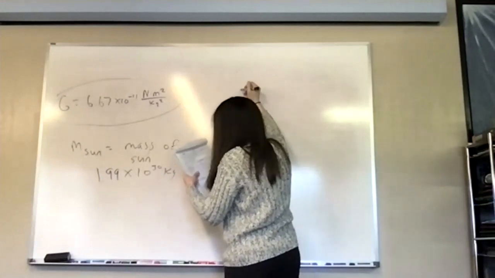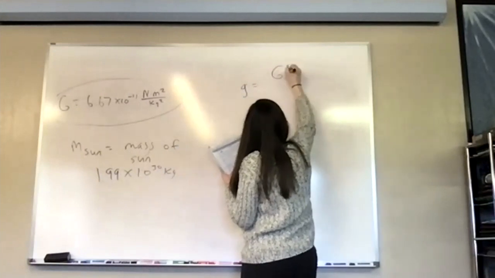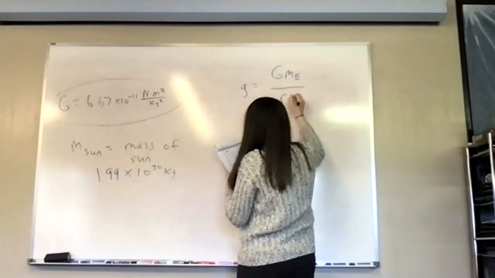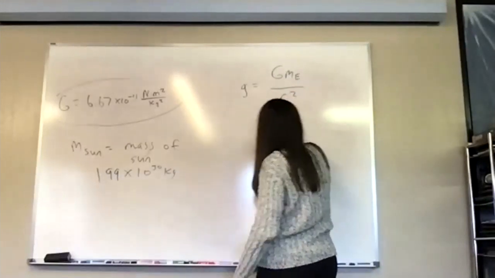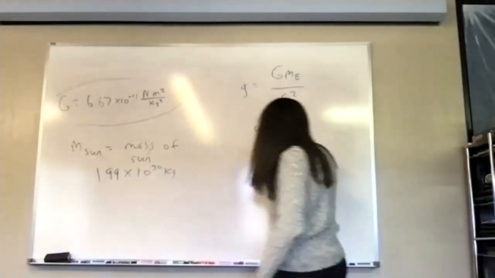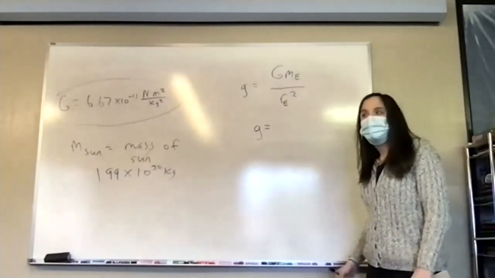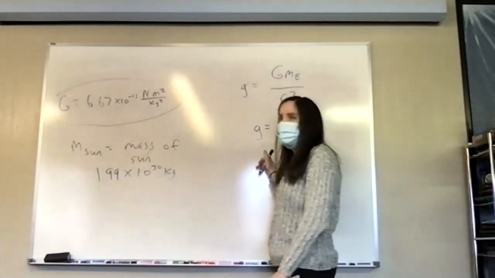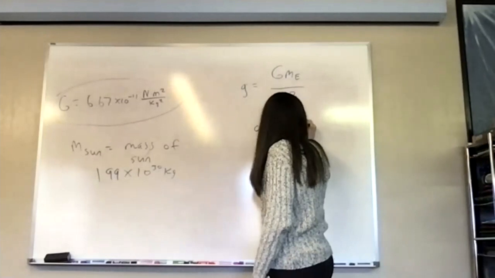But for today, just in general, it's this. Lowercase g equals capital G times ME divided by R squared. You've seen this one before, right? Lowercase g. Did we talk about lowercase g before and what that means? That's 9.8 for Earth, the acceleration due to gravity.